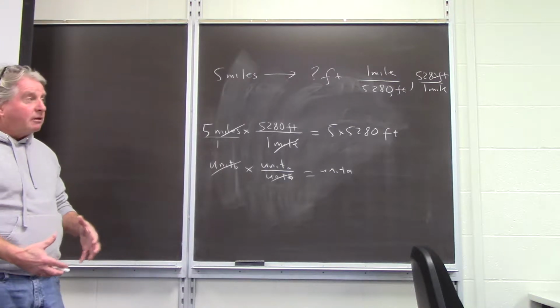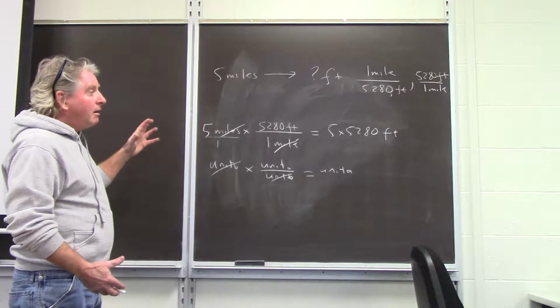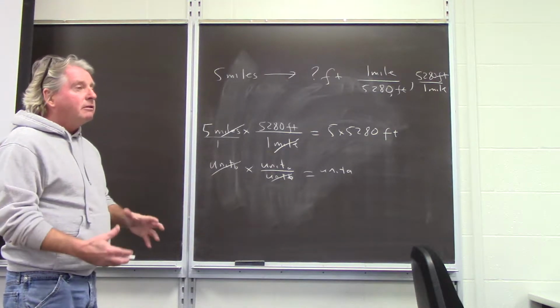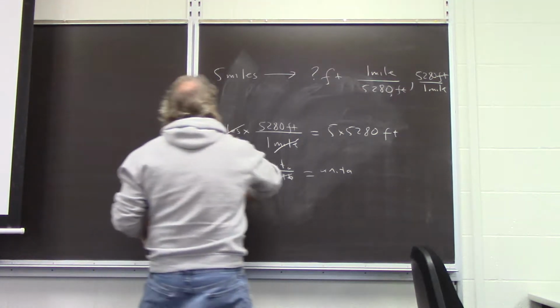Does that tell me what's happening? What it's doing is giving me the right answer, but it's not really telling me what's going on. Let's describe what's really happening here.